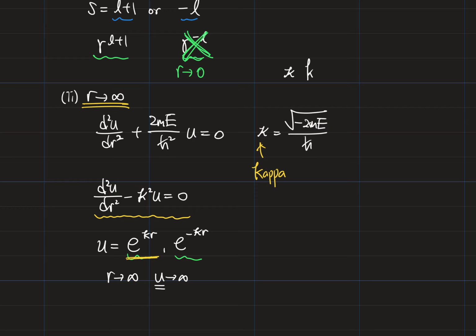And remember that u is the candidate for the wave function of the hydrogen atom, and the wave function can never go to infinity because the square of your wave function always corresponds to the probability. So a probability of infinity doesn't really make sense, right? So we have to reject the first choice, and the second choice is the only possible option.